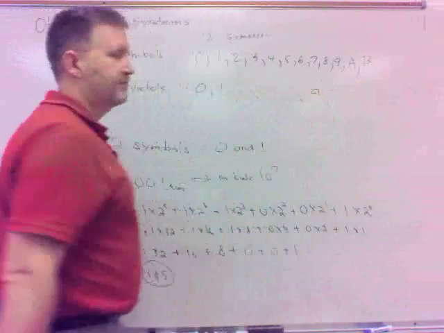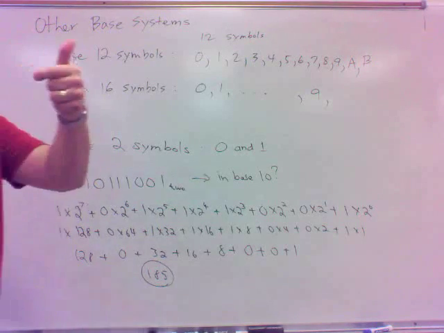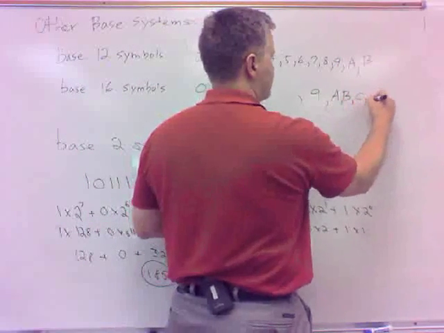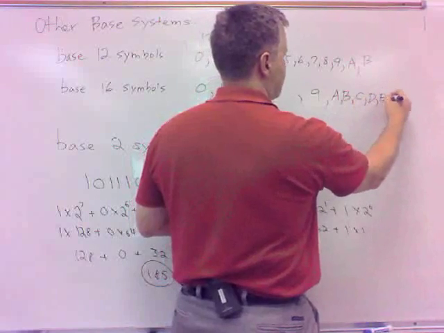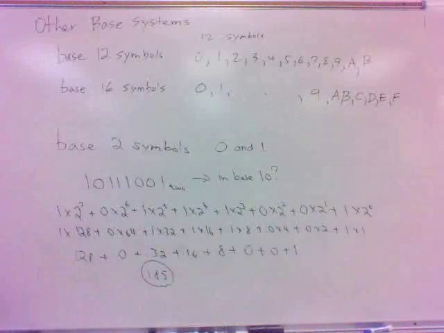Well, you've got 0 through 9, which is 10 symbols, and then you need 6 more. So we need A, B, C, D, E, and F. So the base 16 symbols are 0 through 9 and then A through F. So if you get bases bigger than 10, you have to resort to letters.